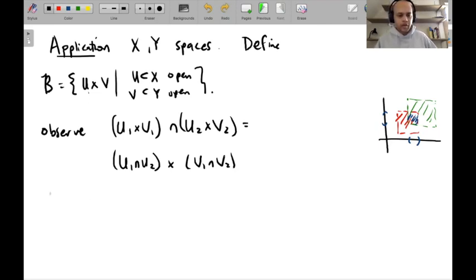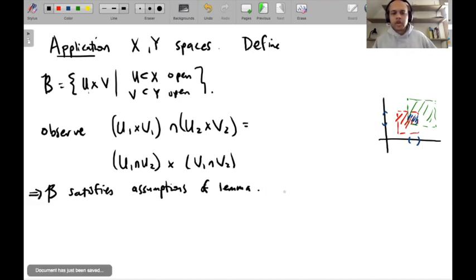Okay, so from this we see that B satisfies the assumptions of the lemma. And so there's a topology on X times Y induced from this basis, which has B as a basis.